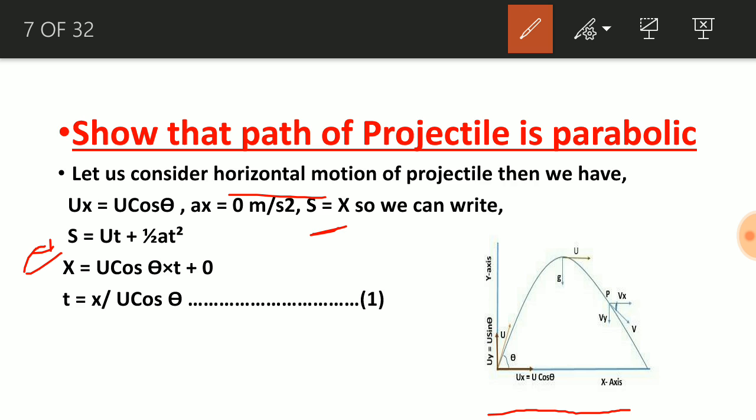S can be replaced by x, our velocity towards horizontal is u cos theta, and acceleration towards this axis was 0, because only gravity affects the y-axis. Now on keeping all these values in this relation, we get x is equal to u cos theta into t. Because of that, t is equal to x upon u cos theta. This is because of horizontal motion.